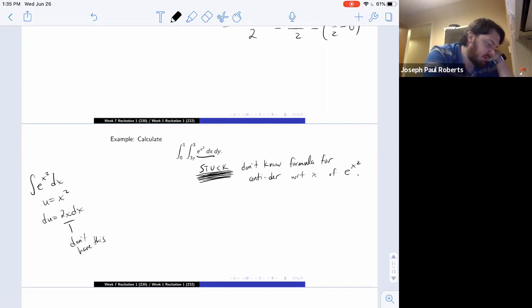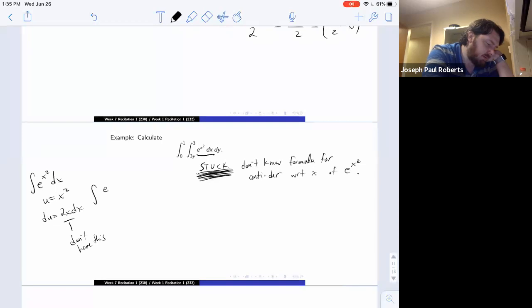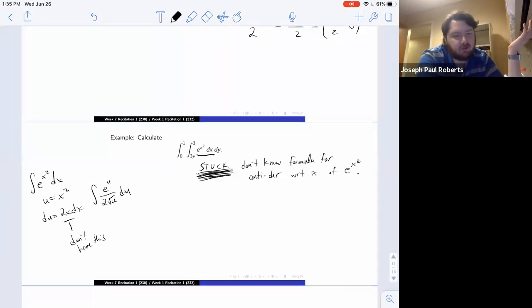I guess you could write this as e to the u over 2 square root u du, but good luck, you're stuck there too. So some functions you're just not going to be able to find an antiderivative of. It's actually kind of neat.